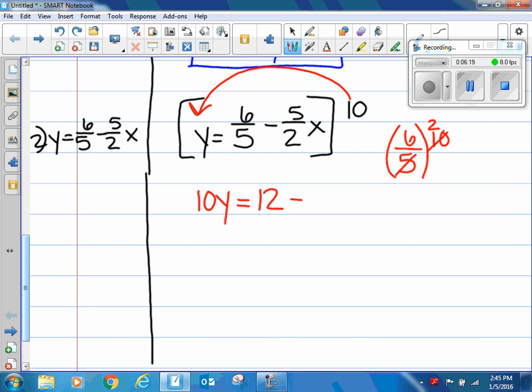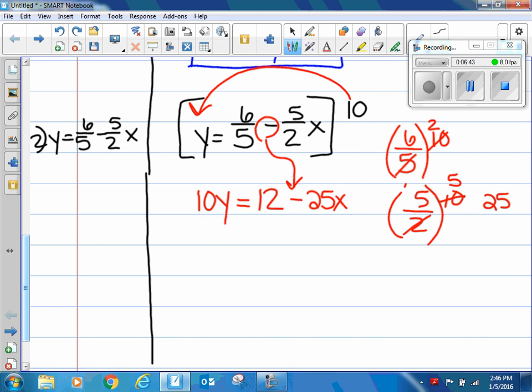Minus, now I have to multiply 5/2 by 10. This cancels and makes this a 5. 5 times 5 is 25. Remember, I have this negative here, so this negative has to come down here.